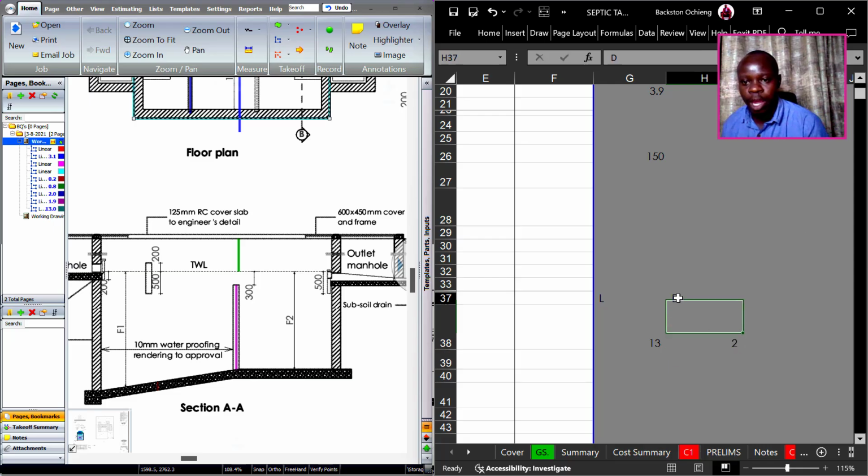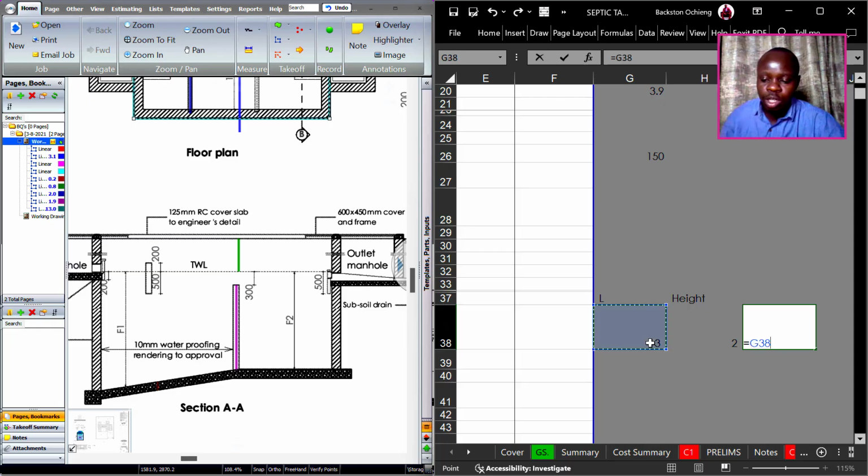So the height now becomes 2 meters. So the area for the wall of the main section is length multiplied by height. That becomes 29 square meters.